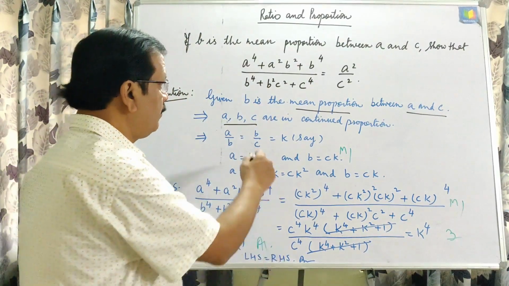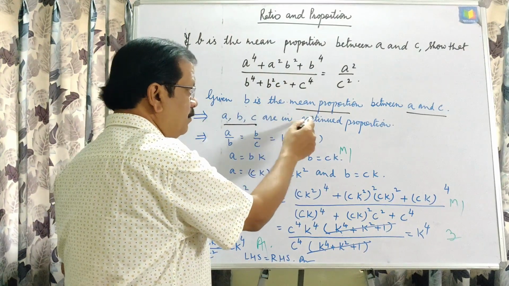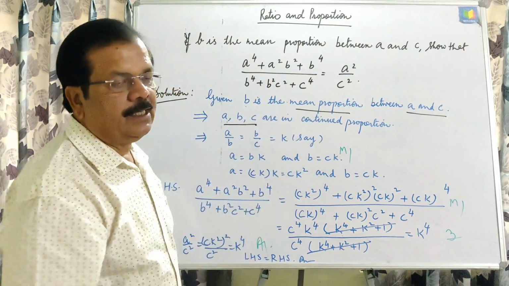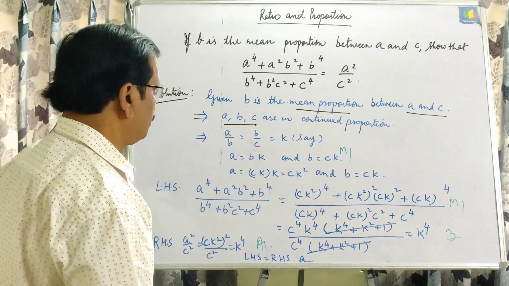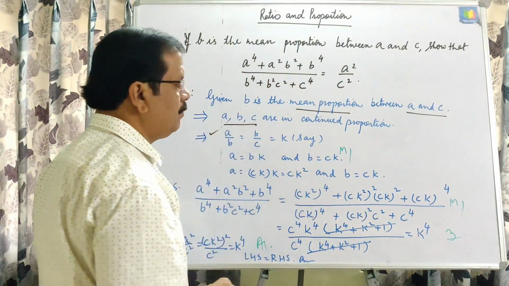This is another way of saying B is the mean proportion, or we can say A, B, C are in continued proportion. Then this equality will be followed.